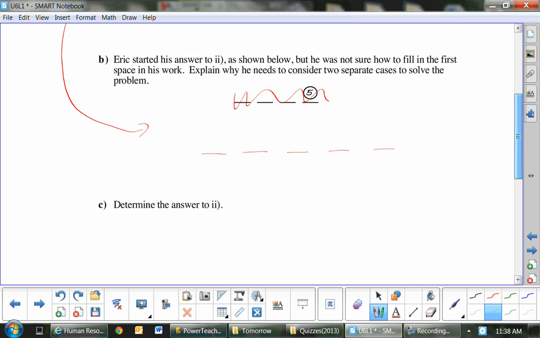How many choices do I have for the last digit? 5. What are they? 0, 2, 4, 6, 8. Now, how many choices do I have for the first digit? 8? Or 7 or 8? Oh, man, that's a tough question.